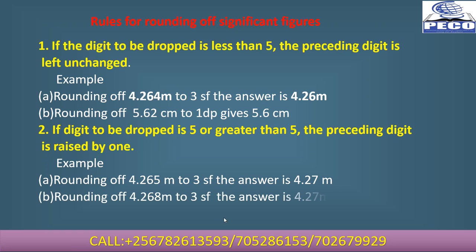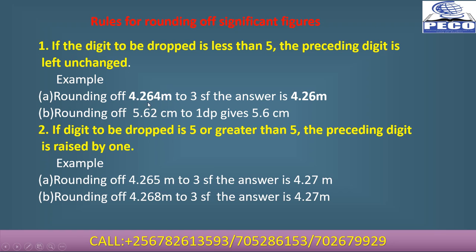Good. How about 4.268? This 8 now is greater than 5. Since it is greater, then you also raise this 6 by 1. We also get 4.27.